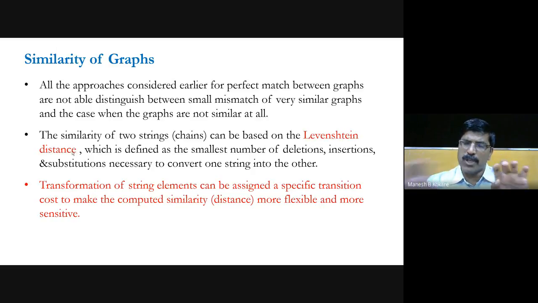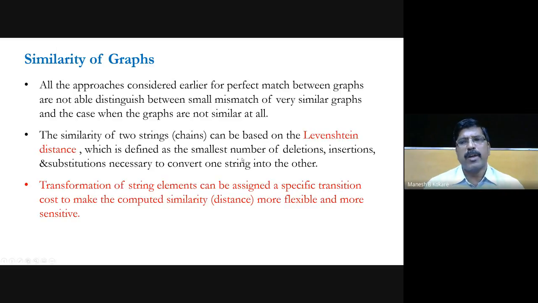If the language is the same, or similar. Suppose there are 5 symbols in one and only 4 symbols in the other. If you delete one symbol from this one, how many will remain? 4. Here also 4. And if they are the same, then we can say that this object is similar to that. Not exactly the same, but similar, because by deleting one symbol or one primitive, you get the language of this class.